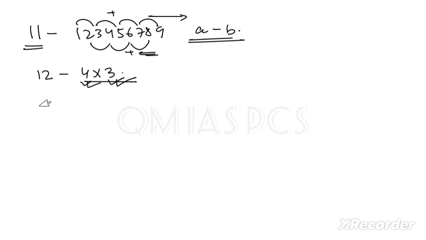Then for 13, whatever number is there, we have to multiply the last digit by 4. Like if it is given as 431, we have to multiply this last digit by 4. In case of 7, we multiplied by 2.